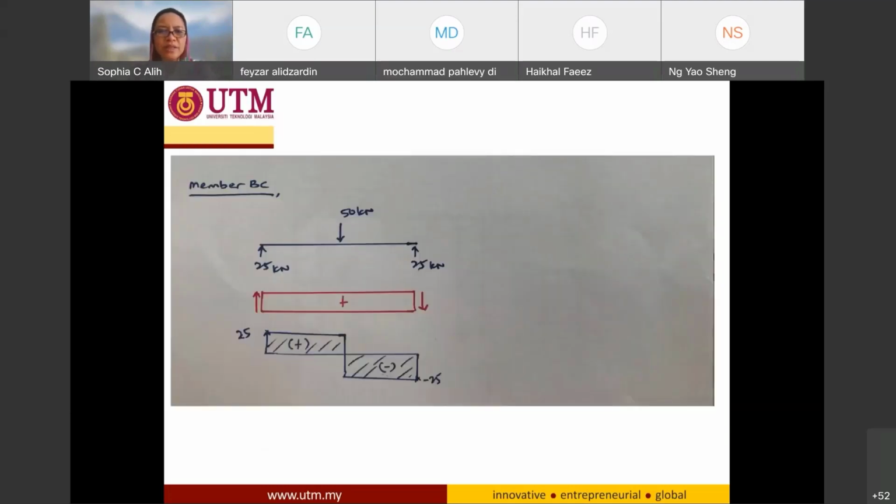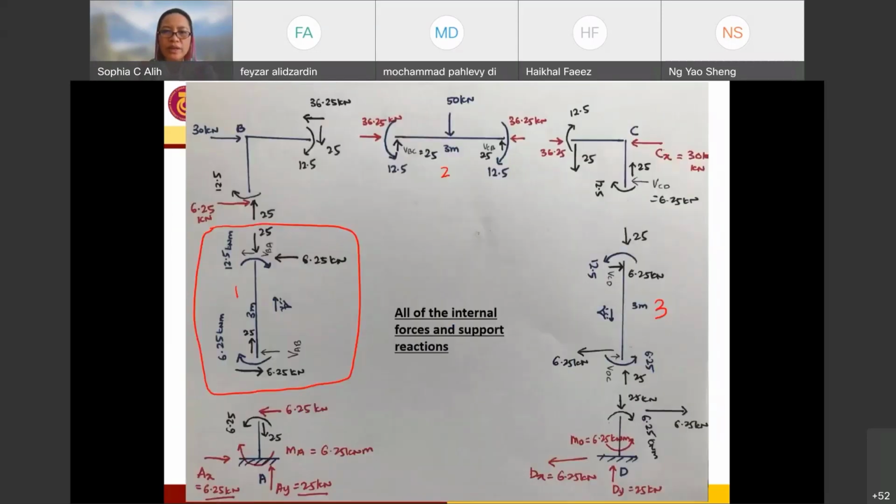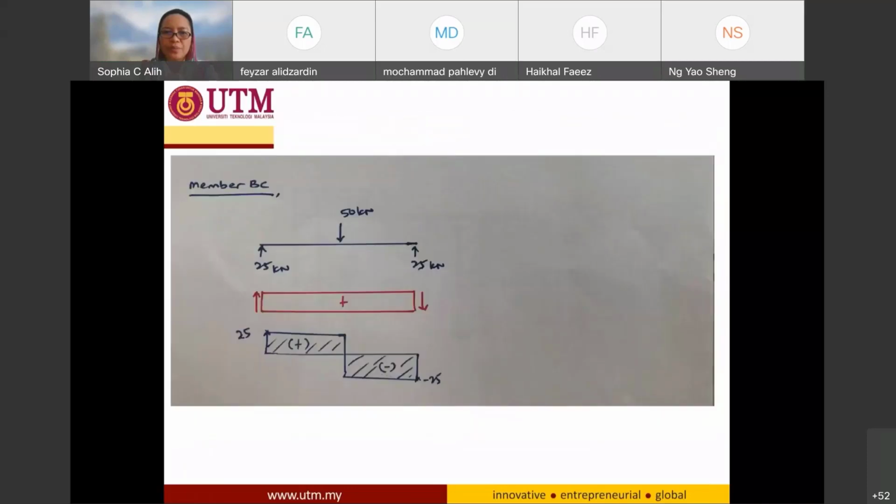For member BC, there is no complication because it is already in the horizontal position, and I have 25 kilonewton, 25 kilonewton, and only one point load of 50 kilonewton, which I get from here. Since there is no change in the length of my frame, I can cancel out this 6.25 kilonewton, and I remain with this 25 and 25 and the external loading of 50 kilonewton.